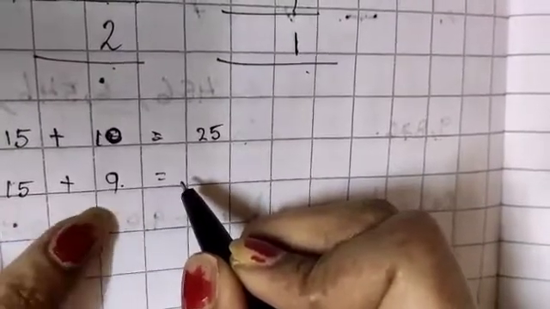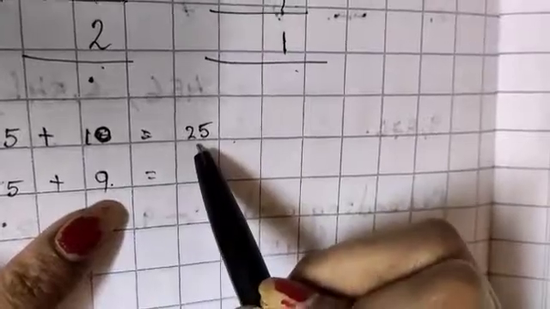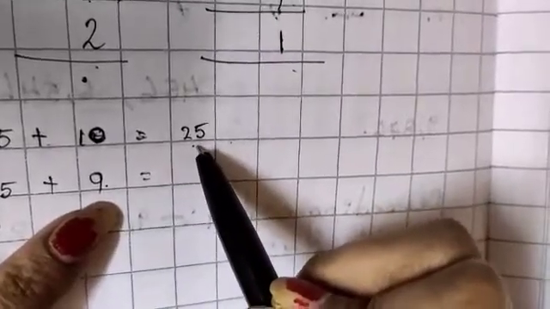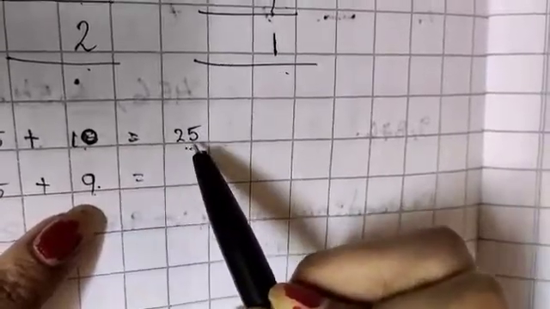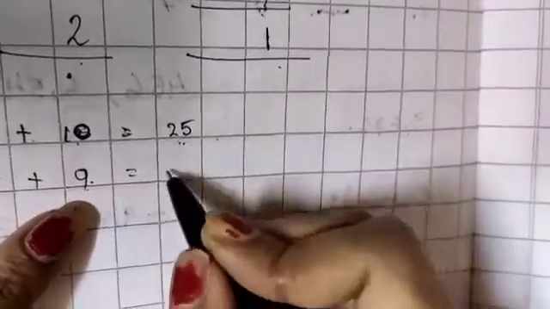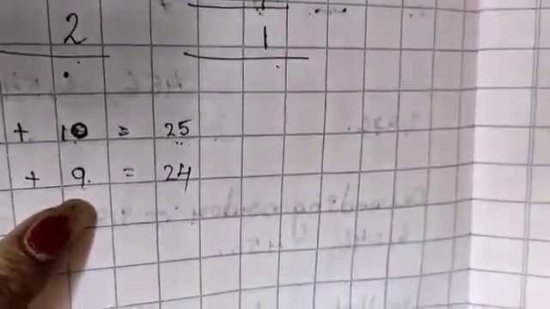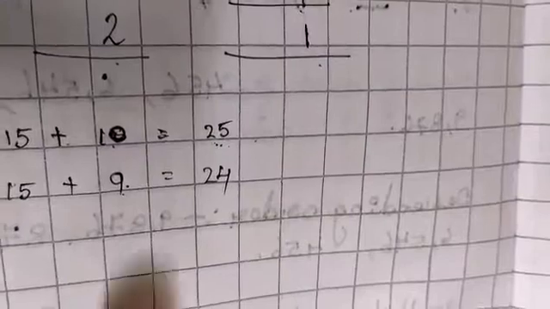So 15 plus 9. Here 15 plus 10 will be 25. So we do minus 1 here, because here we have 9, here we have 10. If you do 25 minus 1, the answer will be 24. So why am I doing 25 minus 1? Because here 15 plus 10 is equal to 25.